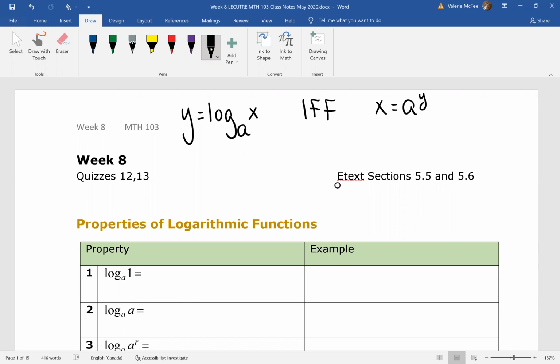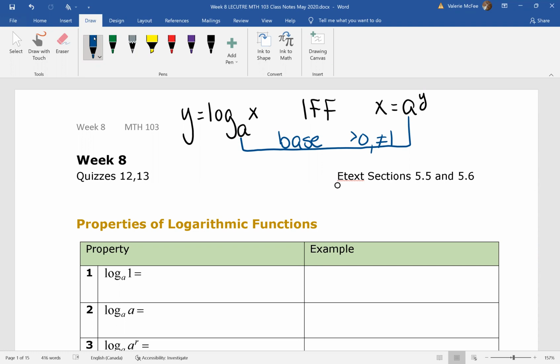That's because logarithms and exponential equations are inverse functions of each other. And of course, we have their bases both the same. And in both cases, the base has to be greater than 0, not equal to 1. And the answer to a log is the exponent in our exponential form.